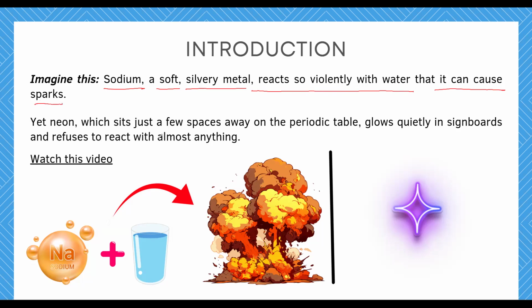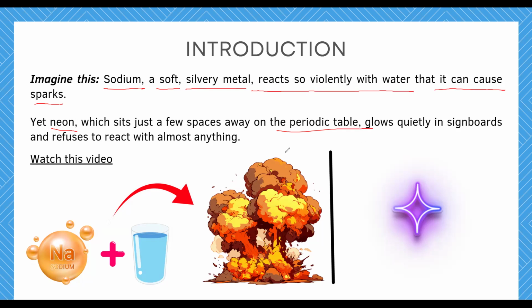There is a video that I'm going to be showing us in a few moments. Okay? In as much as sodium is very, very reactive, there is something that is very close to sodium on the periodic table, and that element is called neon. Neon is only a few spaces away on the periodic table from sodium, but neon is absolutely unreactive.